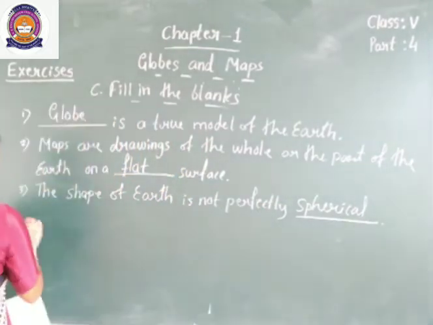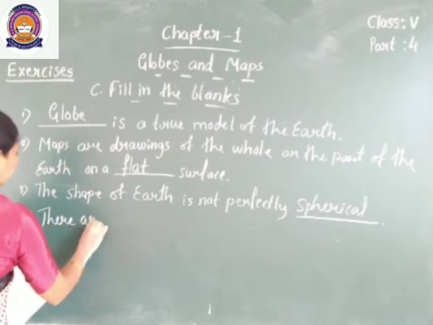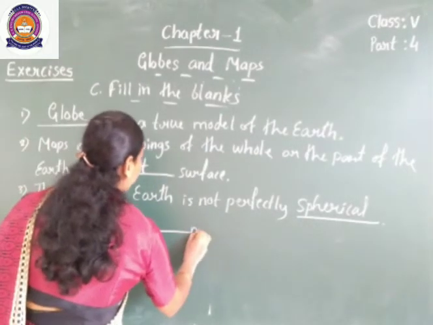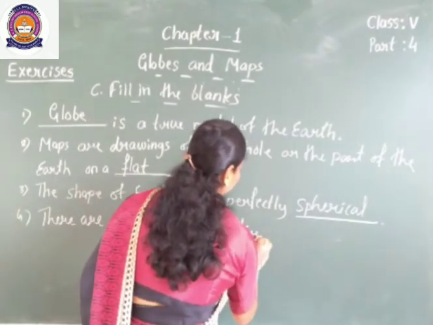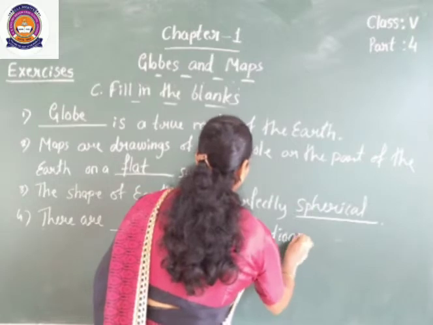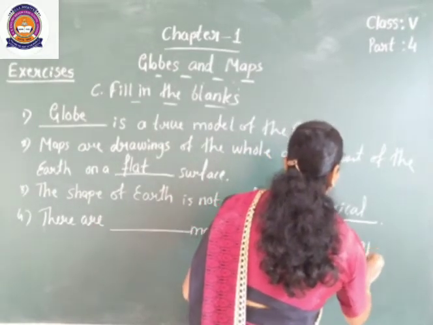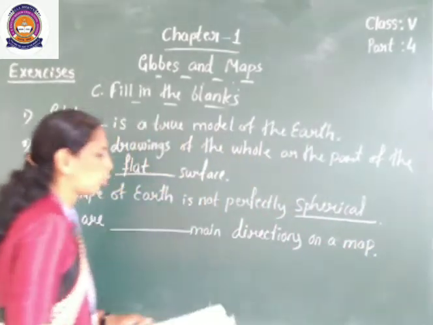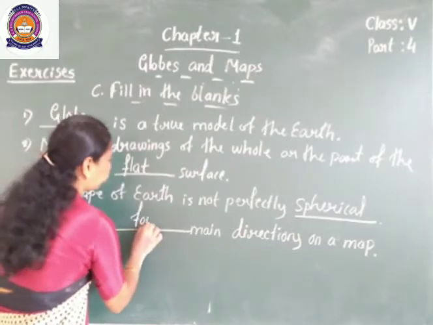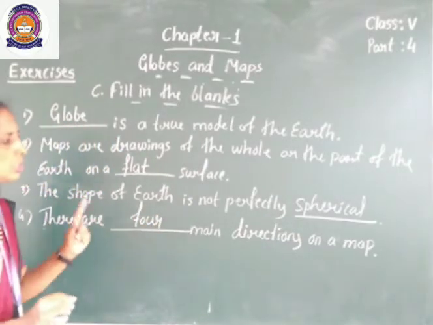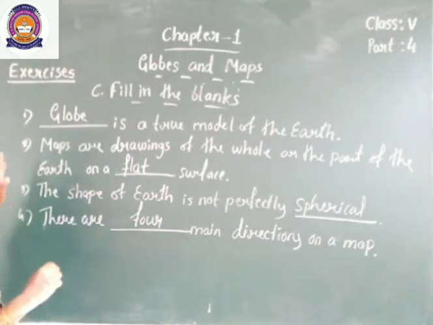Question number 4. There are dash main directions on a map. Okay. The answer is there are 4 main directions on a map. Okay, these are the exercise part.